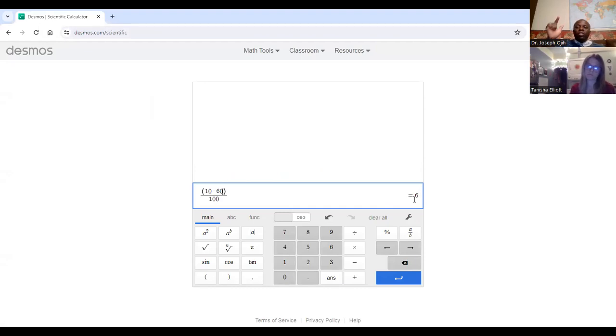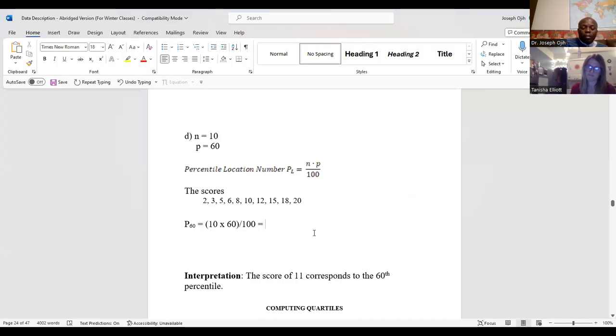That means you're going to use the 6th number plus the 7th number, divided by 2.